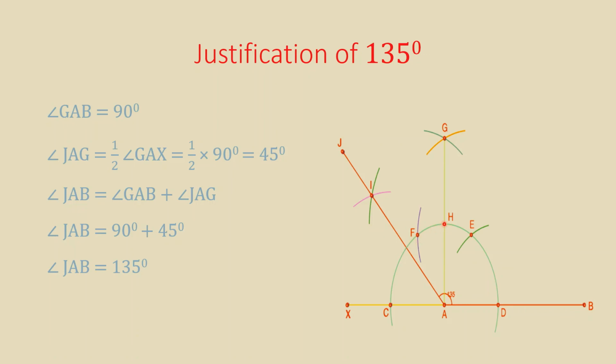So this is 45 degrees and this arc is 90 degrees. So 45 plus 90 makes 135 degrees. So JAG, that is 45 degrees, plus GAB, 90 degrees, makes JAB, 45 plus 90 degrees, that is 135 degrees.